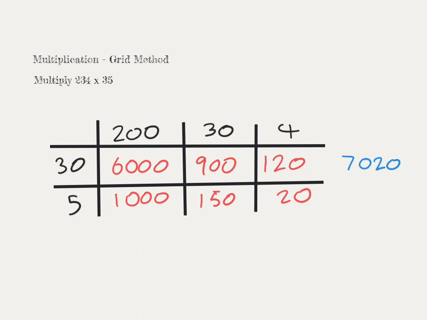That's better. This one, let's do the end bit first. 150 add 20 is 170. 1,000 add 170 is 1,170. And then all we have to do is add them together. So 234 times 35 is 8,190.